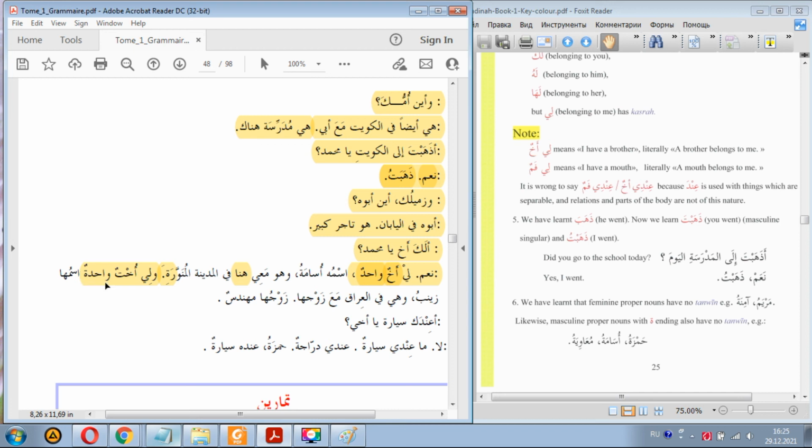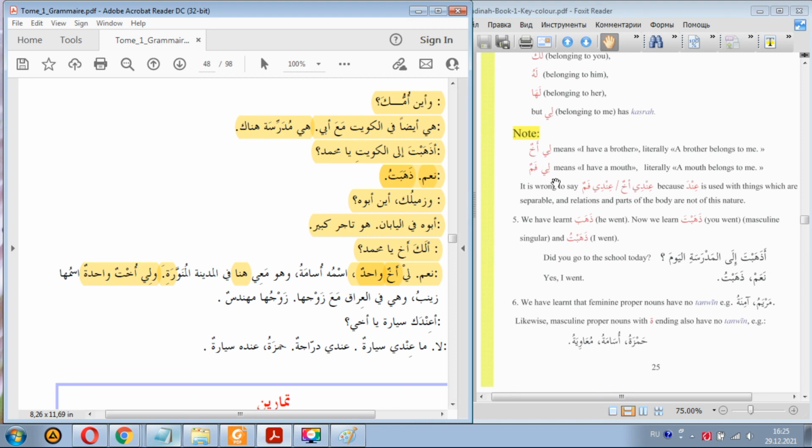because as we said, na'at follows man'ut, so this quality follows something that's described with this quality. Ukhtun is feminine, and therefore the na'at is also feminine, and we add this ta marbuta.